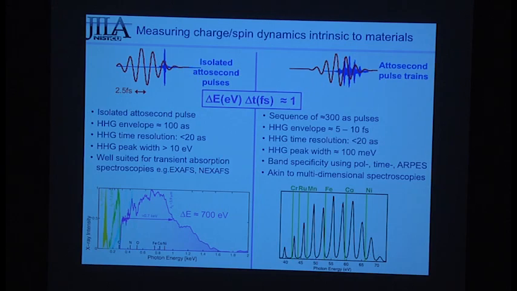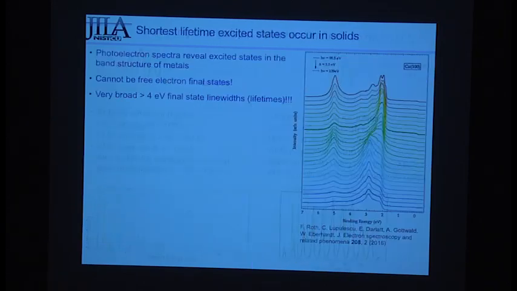But if you want to make a true sub-femtosecond measurement of electron dynamics, where the dynamics are over in between your attosecond bursts, then what you really want to use is a sequence of attosecond pulses. In the spectral domain, you can have high energy resolution, but because you've got isolated bursts, and these are not Gaussian pulses, you can still get very high time resolution. So let me explain how we do that.